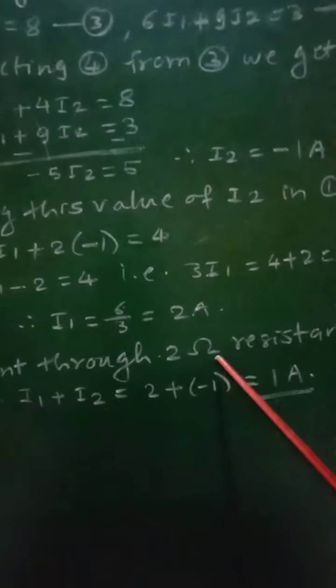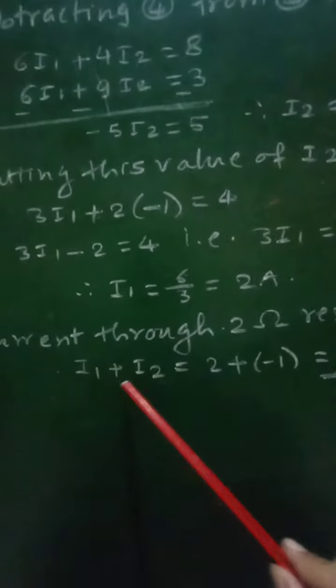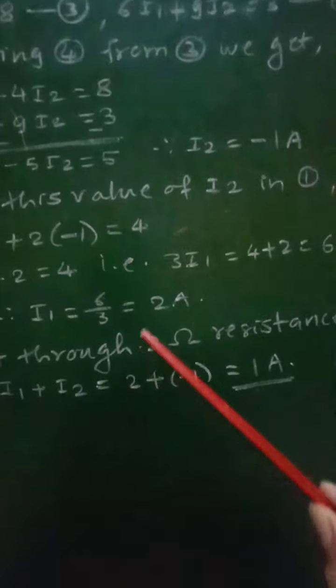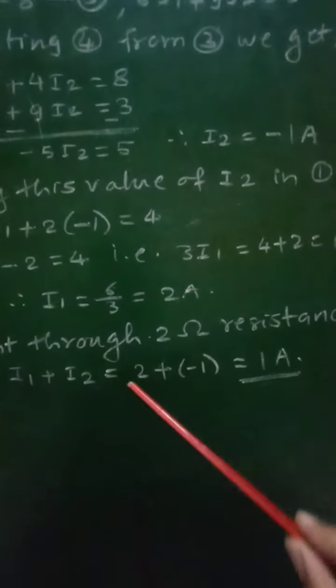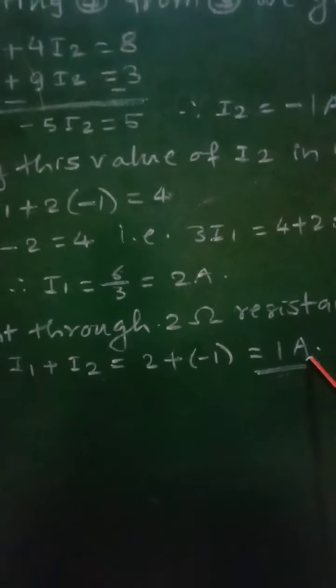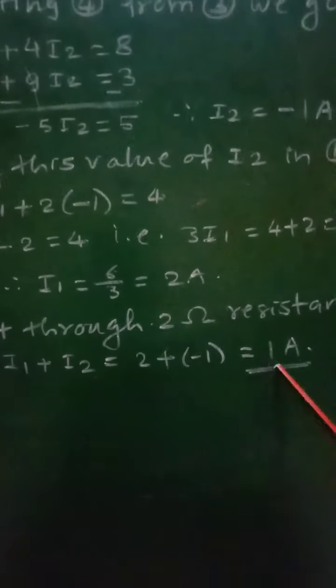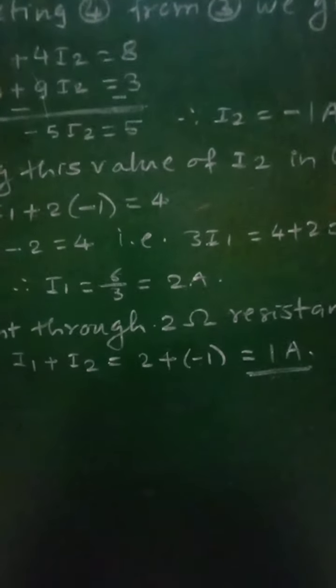And therefore, the current flowing through the external resistance, that is the 2 ohm resistance, is I1 plus I2 equal to, I1 is 2 ampere, I2 is minus 1 ampere, it will be 2 plus minus 1, that will be equal to 1 ampere. So this will be the current flowing through the external resistance of 2 ohm.